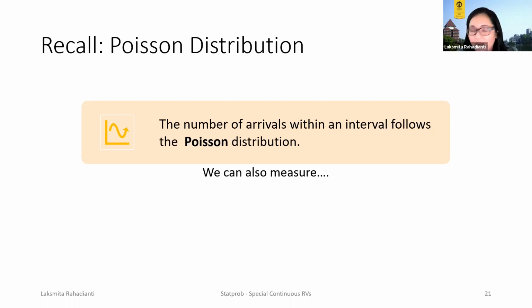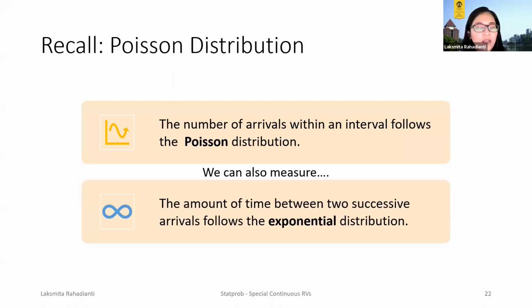So now, what if I flip that same scenario, but instead of counting how many people are coming in an hour, I want to compute how much time or how much interval passes between one occurrence and the other.